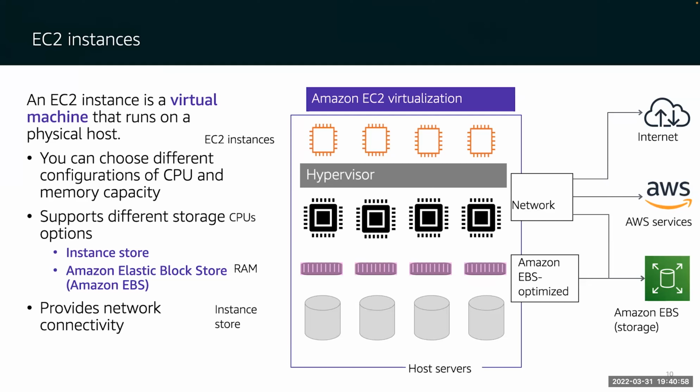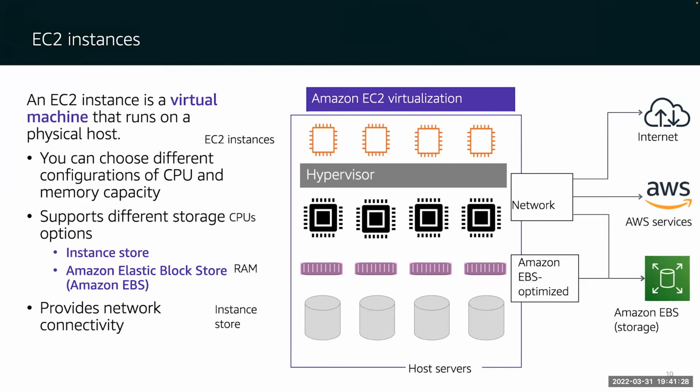Even if you terminate the EC2, the data in the Elastic Block Store, EBS, will be persistent. Also, you can use something called EBS optimized instances, which provide faster access to an attached Amazon EBS volume by minimizing the input-output contention between the volume and other traffic from the instance.